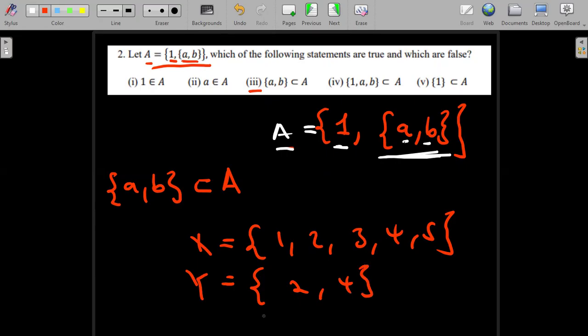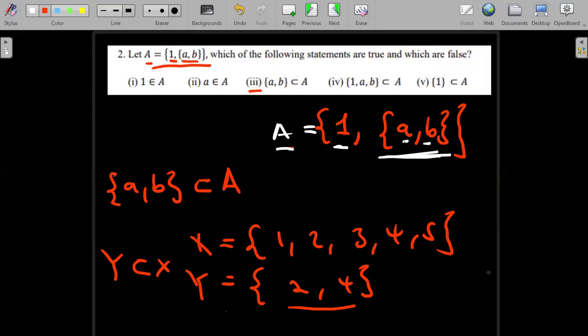So we see that this set Y is a subset of X, because the elements listed in this set Y are contained in the set X.